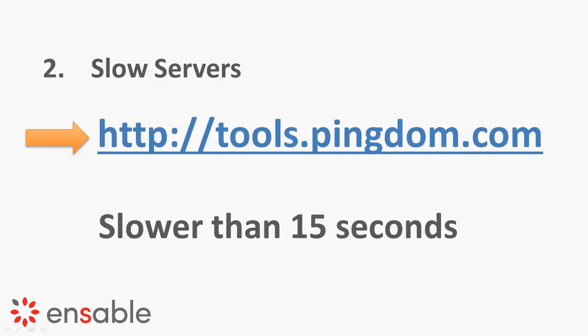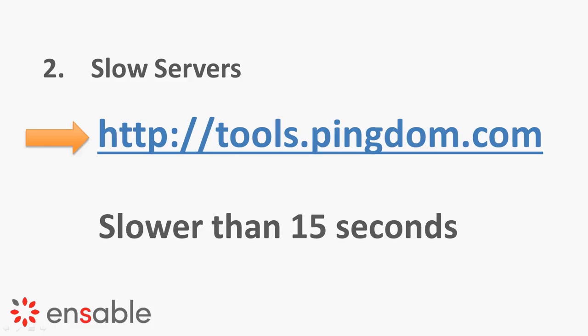The next is looking at slow servers. And again, a lot of these data points are focused on web servers. I know that a lot of companies have other data center presence, but this is the window that we have into their data center network and options. If we look at different resources like tools.pingdom.com, we can measure the performance of their web servers and their public servers, whether it's their email or their website servers.